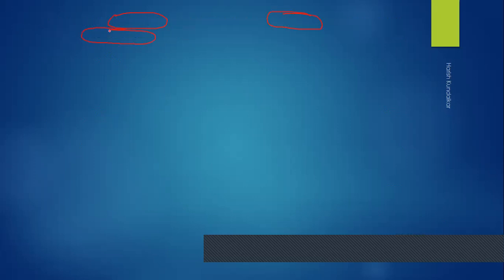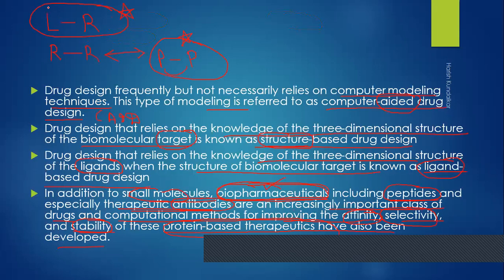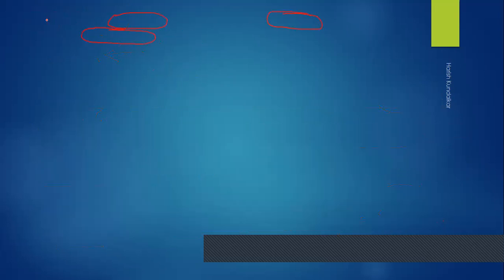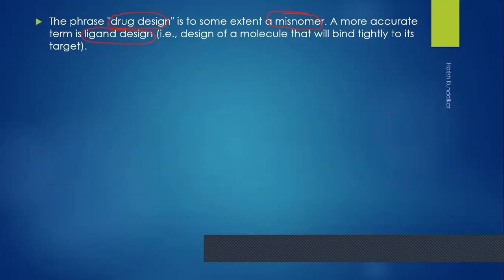As we mentioned in the previous slide, we are trying to design ligands which can bind very nicely to the receptor. So should we call it drug design, or ligand-based drug design, or ligand design? That's the reason why the term drug design is often a misnomer. It is actually ligand design. So instead of calling it computer-aided drug design, we should be calling it computer-aided ligand design.